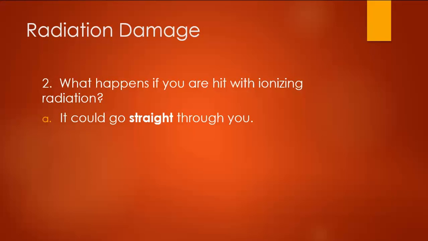It's so tiny that it could go straight through your body. If it does, you're lucky. Congratulations. It could hit something critical in a cell and kill it. That's actually being kind of lucky. So if it kills your cell, you're not that bad off because your body can reproduce more cells.